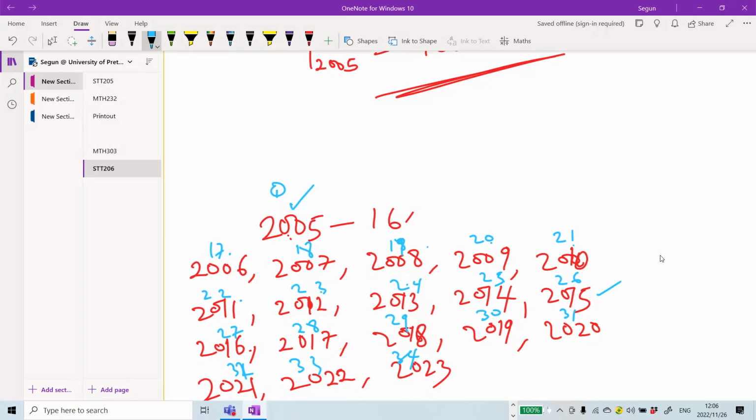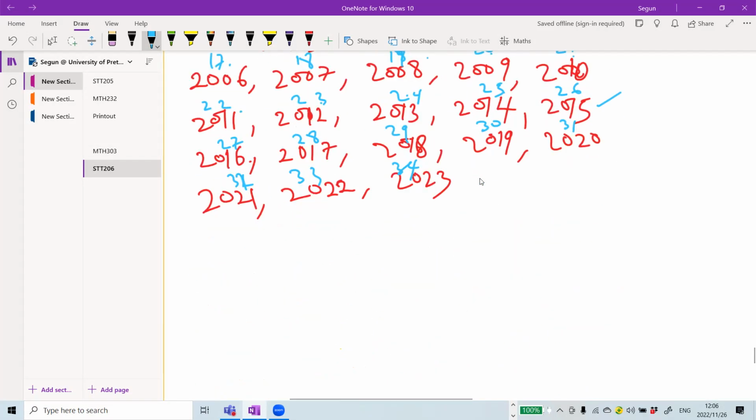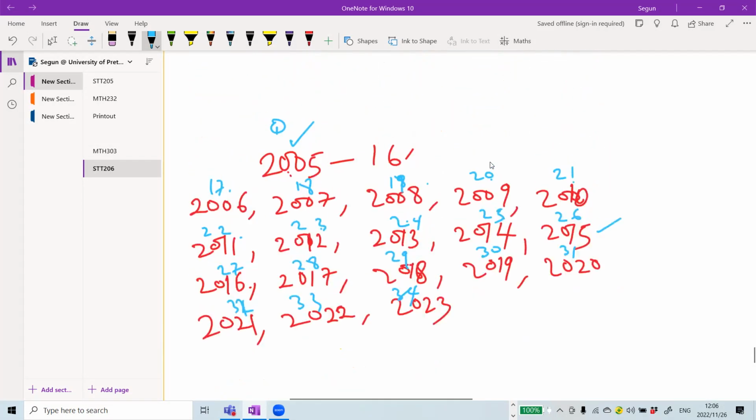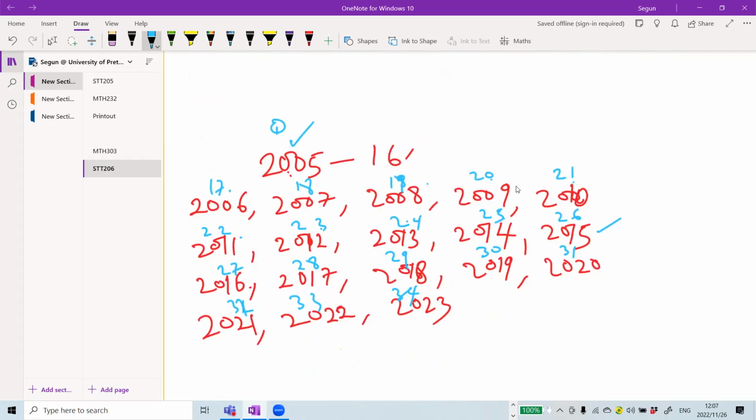What I mean is an additional 10 years. Not that it's 10 years between them, but an additional 10 years.